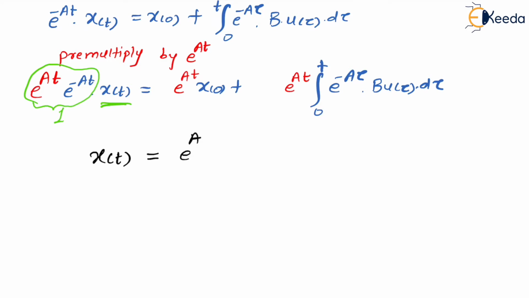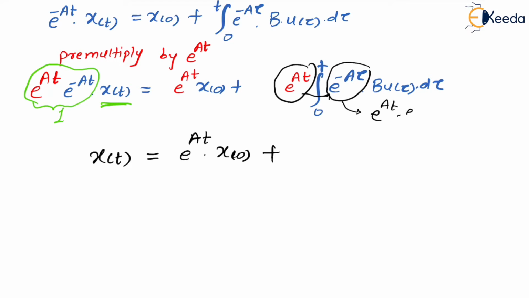Yes, this e to the power At into x of 0 is going to be there, right? Plus, let me take this one inside, this and this. Let me just combine them, right? If I take this one inside, what I get is e to the power At into e to the power minus A tau, right?